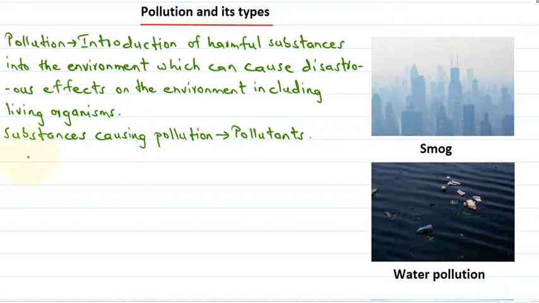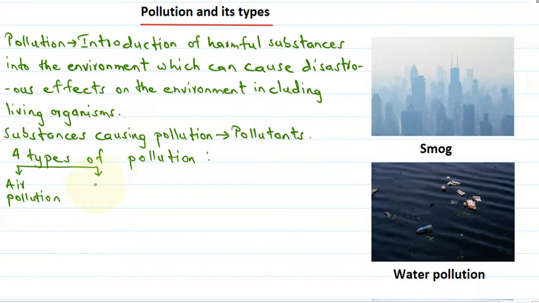Now, pollution is of four types. And what are these four types of pollution? The first one is air pollution. Then there is water pollution.